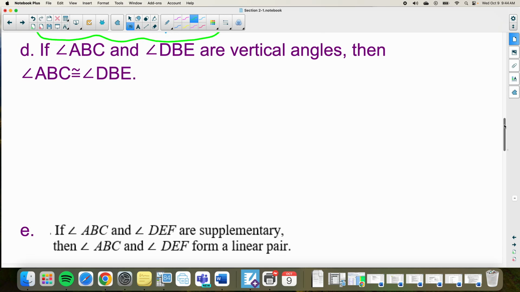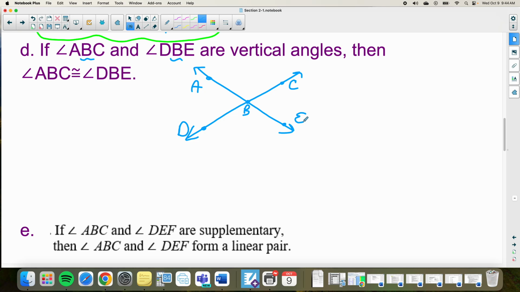Now D, if we look at this one, gives me 2 vertical angles, okay? I can draw this out. If you knew this without drawing it out, you wouldn't have to draw this, okay? But they're saying angles ABC and DBE are vertical angles, okay?